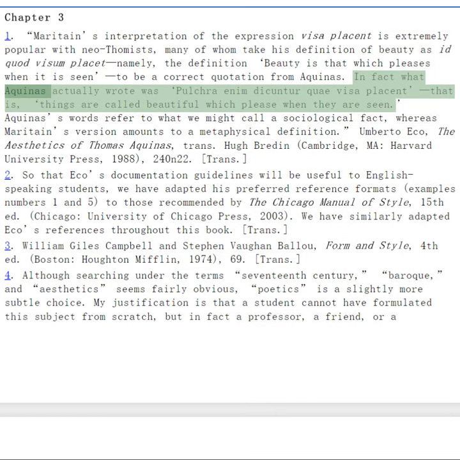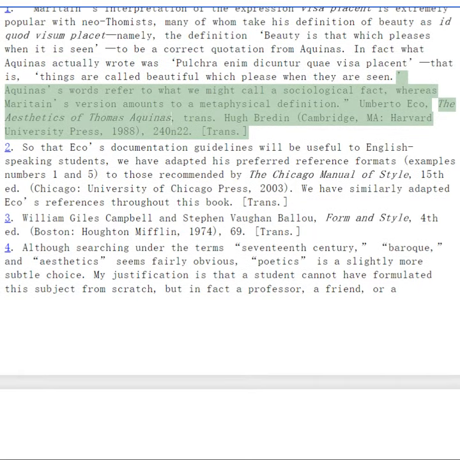In fact, what Aquinas actually wrote was pulchra enim dicuntur quae visa placent, that is, things are called beautiful which please when they are seen. Aquinas's words refer to what we might call a sociological fact, whereas Maritain's version amounts to a metaphysical definition. Umberto Eco, The Aesthetics of Thomas Aquinas, trans. Hugh Bredin, 240 n22.